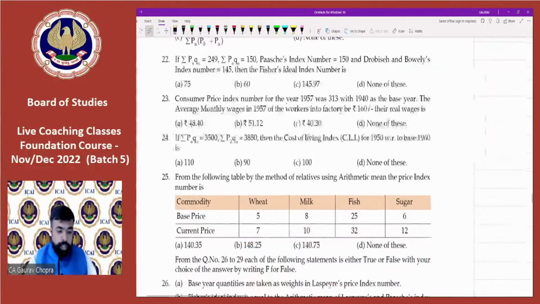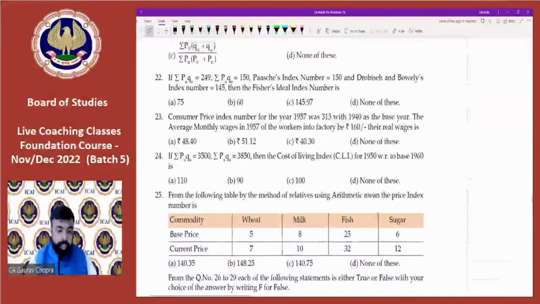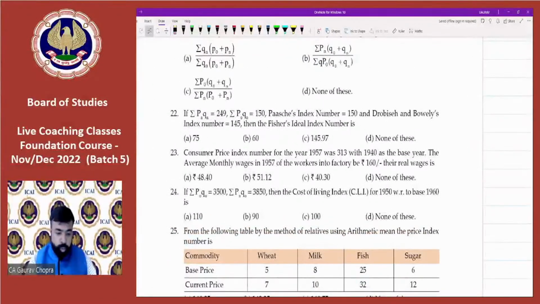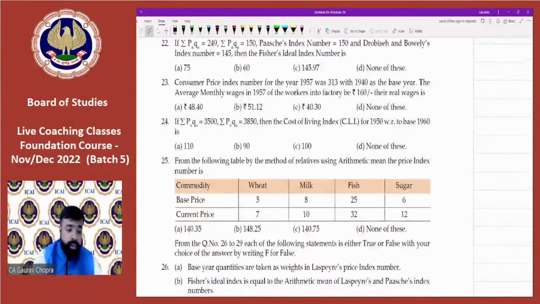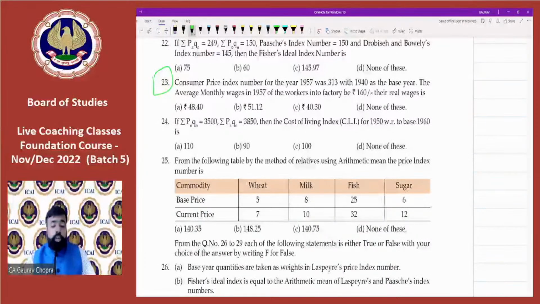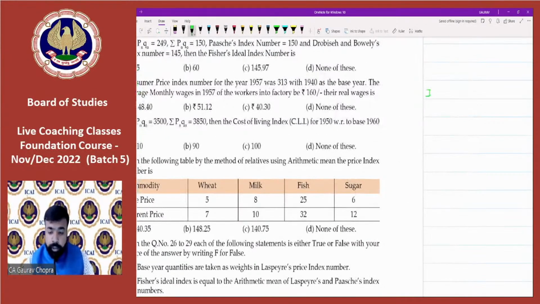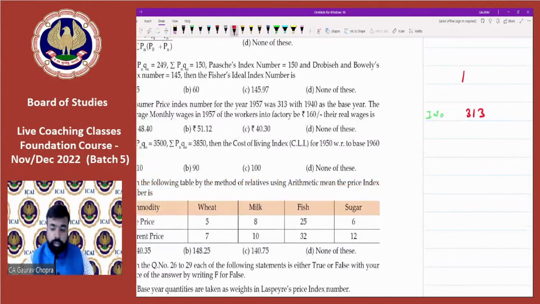Yes, this one, 23. So the consumer price index number for 1957 was 313. So let us write index number 313, year 1957.